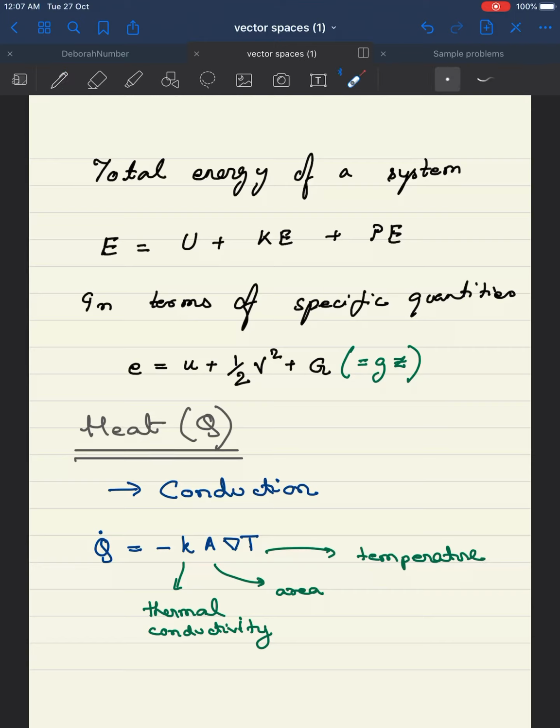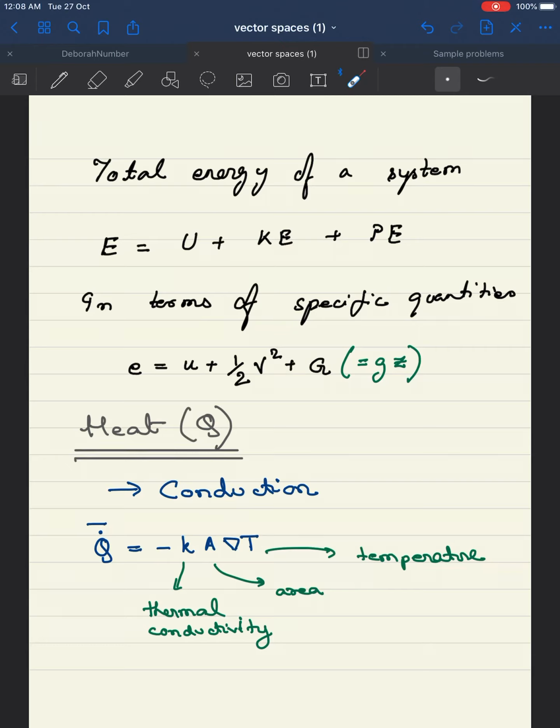Now you might recognize that the gradient of temperature is a vector, so this q dot actually has to be a vector. So this is a vector equation, and here the thermal conductivity is usually a scalar for isotropic and uniform materials, but this can also be a tensor in cases where you have very complex material.